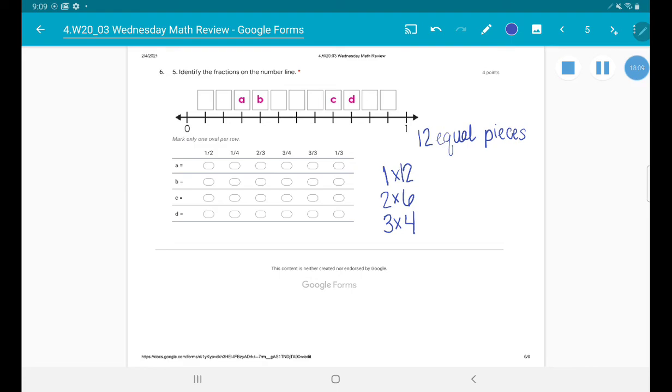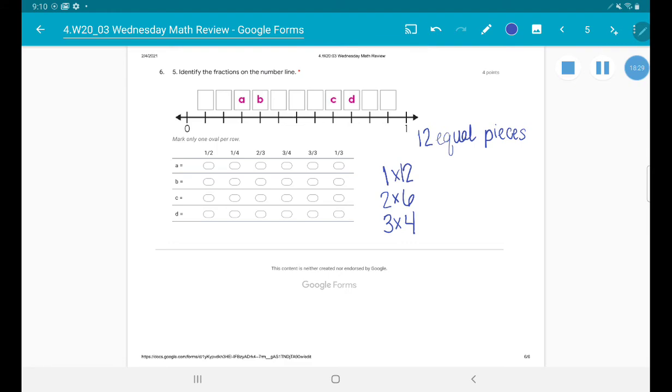I have 1/2, and 2 was one of our factors. I have 1/4, and 4 was one of our factors. 2/3, and 3 was one of the factors.